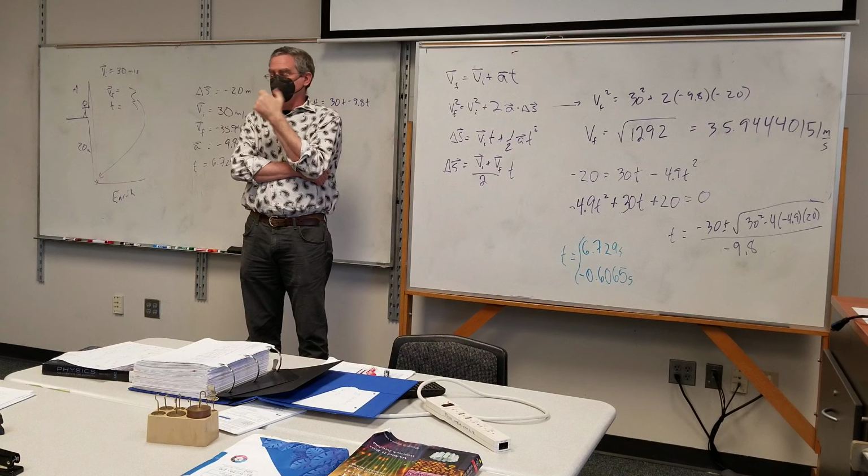If we had come up with them flipped, so I had 0.6065 seconds positive and negative 6.729 seconds, that situation would be something like that, where it is being thrown downwards. If we had gotten some minus signs off, we would have gotten them flipped.